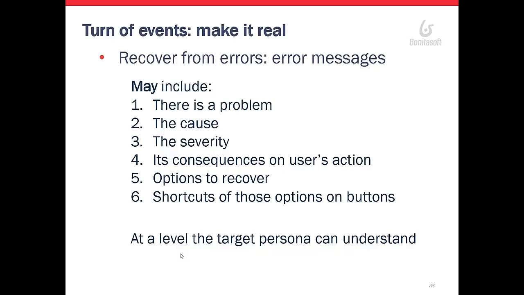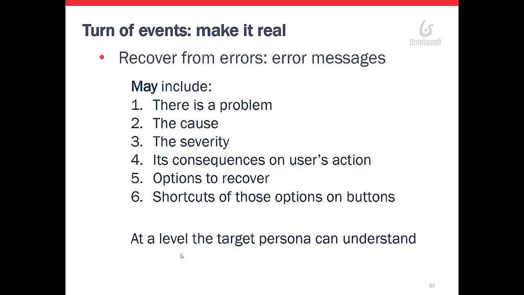This needs to be stated. You need to say what the options are to recover, and please provide shortcuts in the form of buttons for those options. It's just so nice and so efficient not to click just OK and then search for how to recover by yourself.